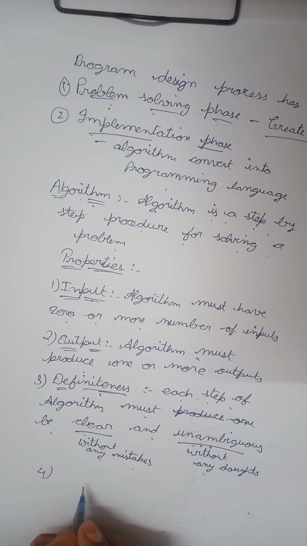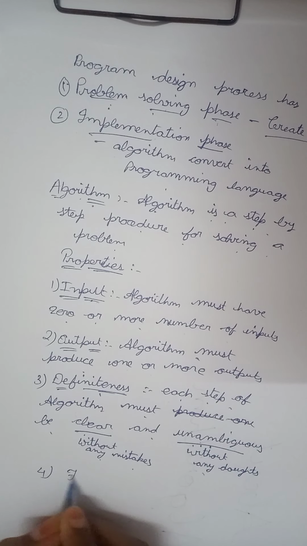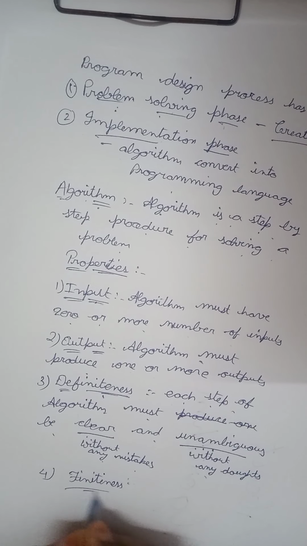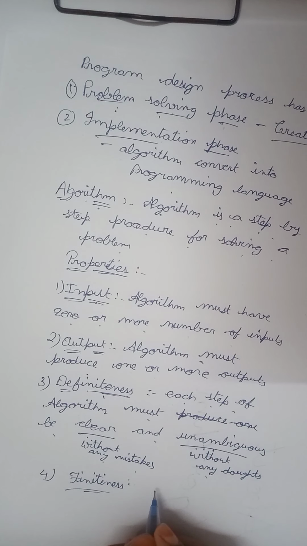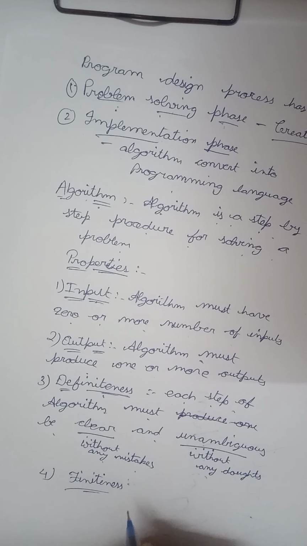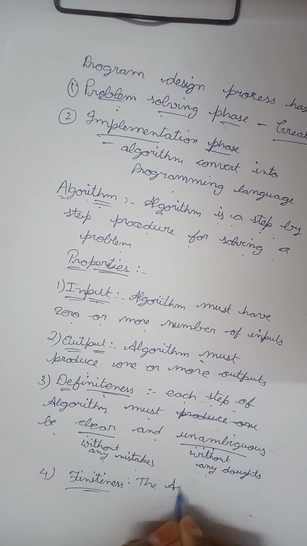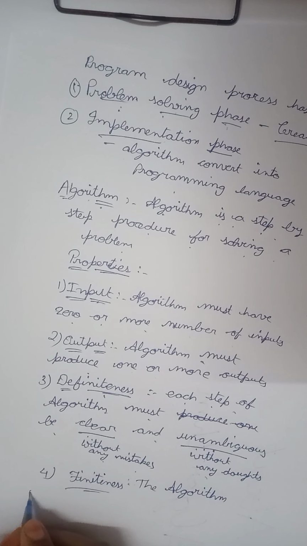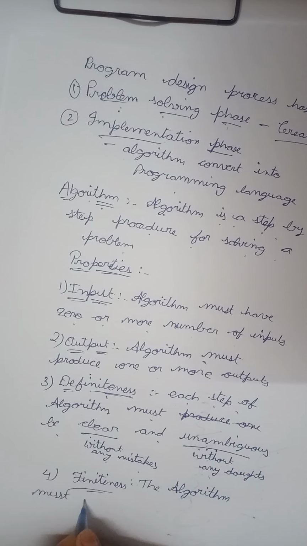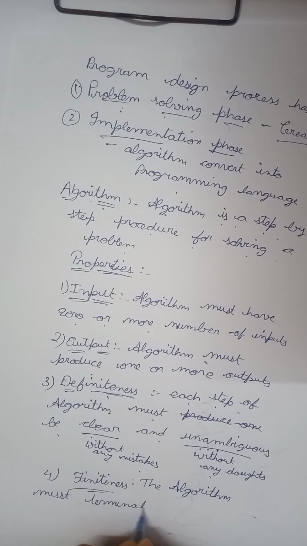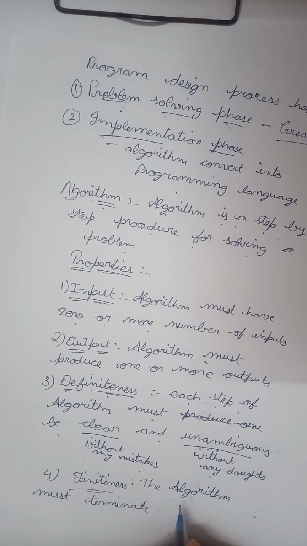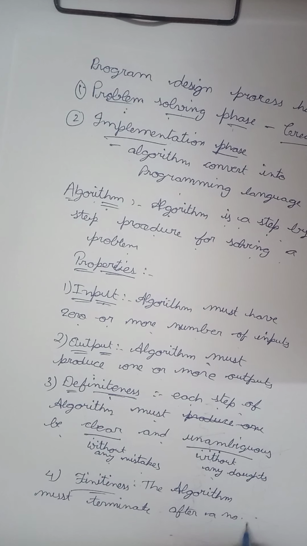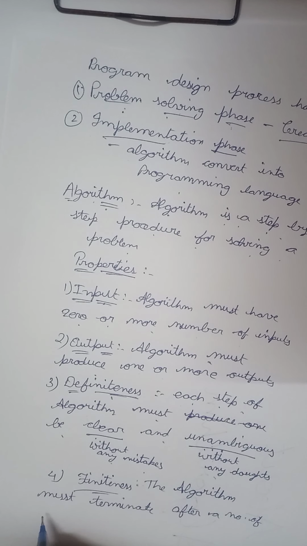The fourth property of algorithm is finiteness. The algorithm must terminate after a finite number of steps.